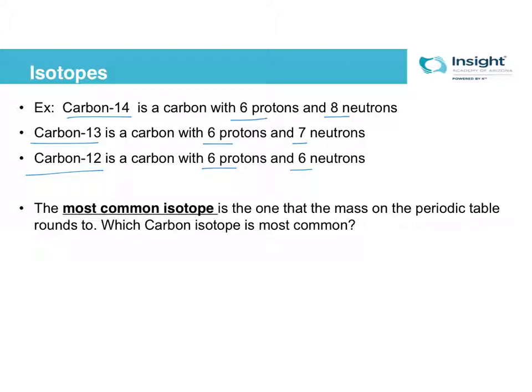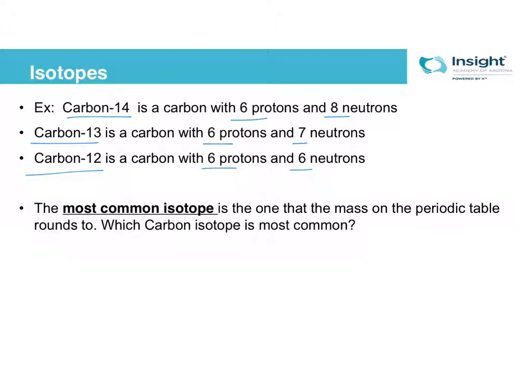All right, so when we name an isotope, if I just list carbon, then I'm just referring to the most common isotope. All right, but if I get specific and I tell you the number, then that gives me some information to work with. I can try to figure out how many neutrons there are.